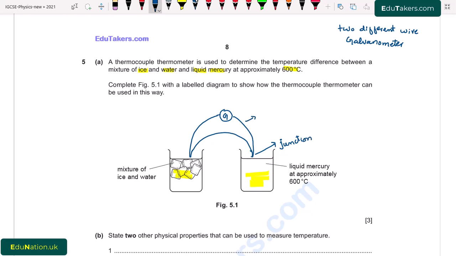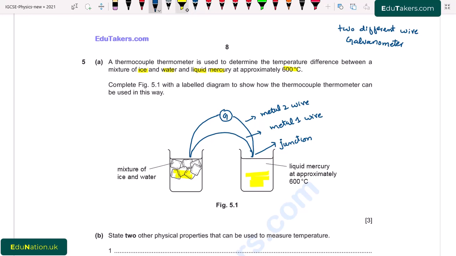This wire is the metal 2 wire, while this is the metal 1 wire. So now this is a complete figure, and we also have labeled this.